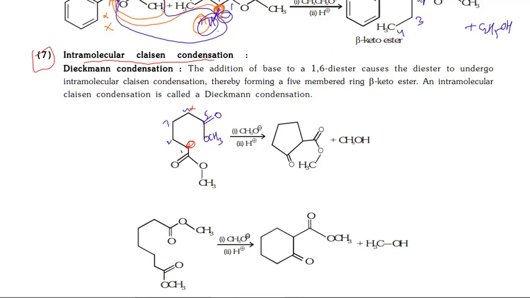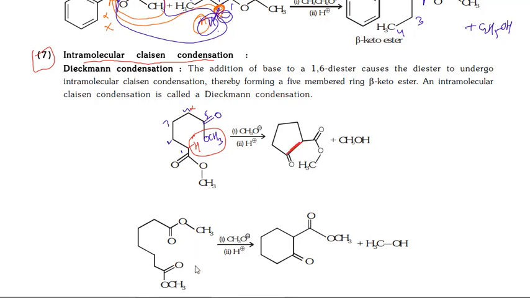I will give you a simple method: just remove methyl alcohol. How? Take one hydrogen from the alpha position, and remove methoxide plus hydrogen as methyl alcohol. Now between 1 and 5 a new bond is forming. This is the new bond.